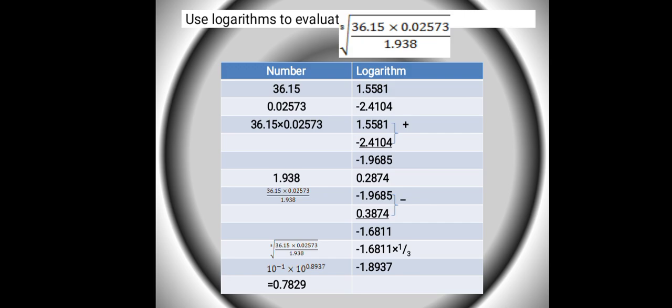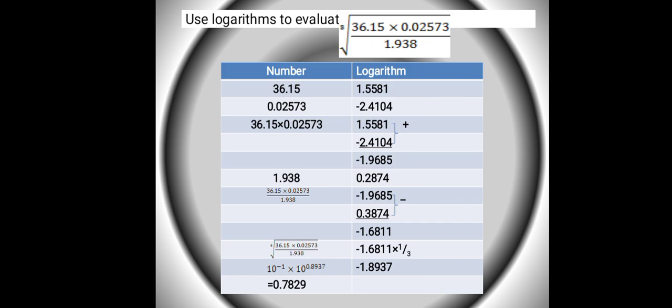The logarithm of 0.02573 is 2.4104. Now multiply the number 36.15 times 0.02573. It means adding the logarithms, 1.5581 plus 2.4104. We get 1.9685.